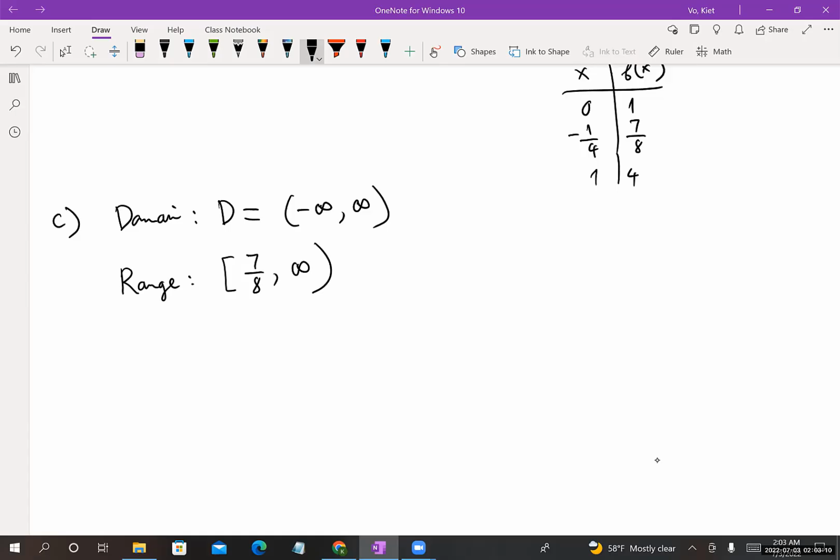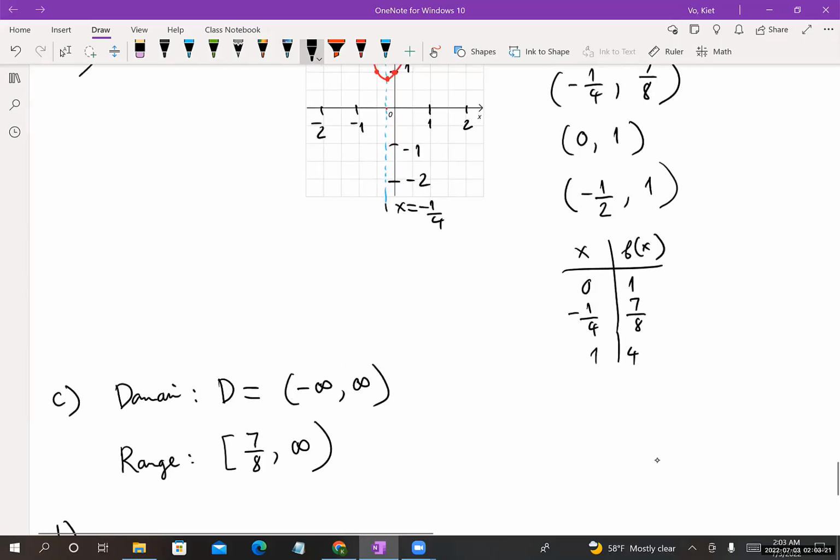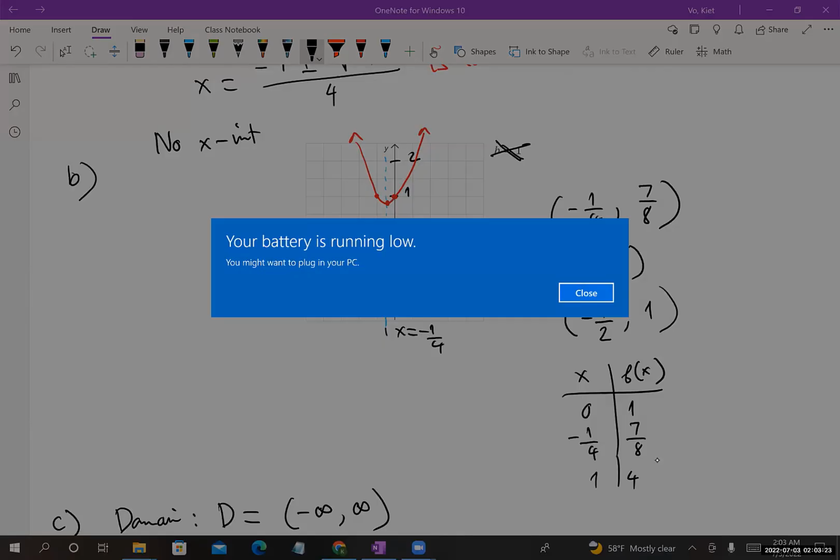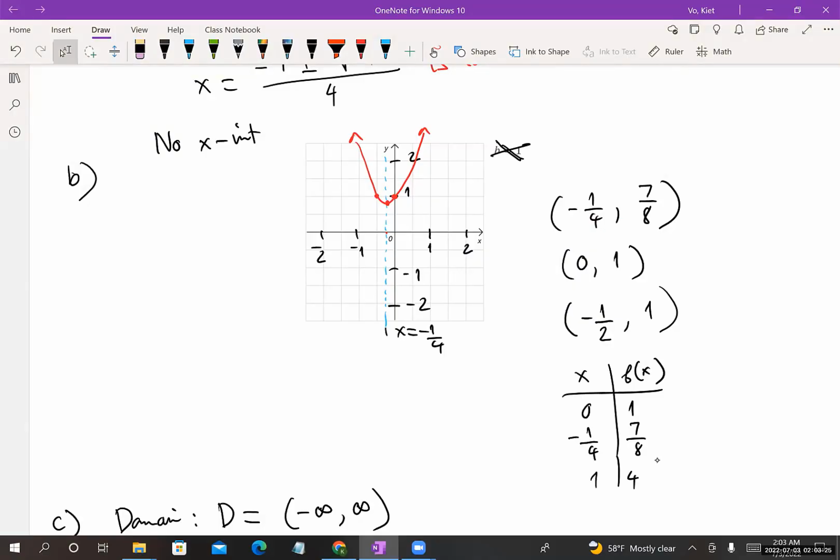Okay. Now the last part of this is to determine where the function is increasing and where the function is decreasing. So we talked about this earlier. You can see that the function opens up. You can look at the left-hand side of the vertex where the axis of symmetry is.